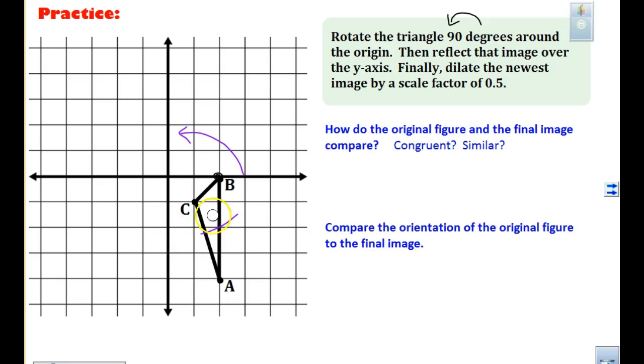So it might be helpful when you're taking your quiz to think, once you plotted that first one, where should it end up? So B was over at 2, 0. It's now going to be up at 0, 2, right? So this point is moving directly 90 degrees.